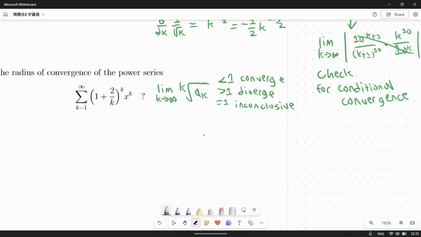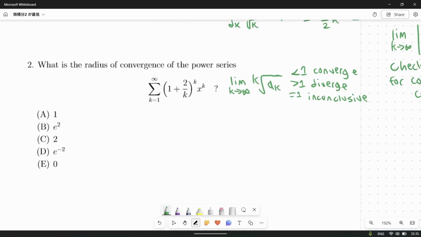Applying those rules to this series, if we take the kth root of this series, you'll end up with the limit as k approaches infinity of the kth root of (1 plus 2 over k) to the k power times x to the k. This is going to simplify to just (1 plus 2 over k) times x.